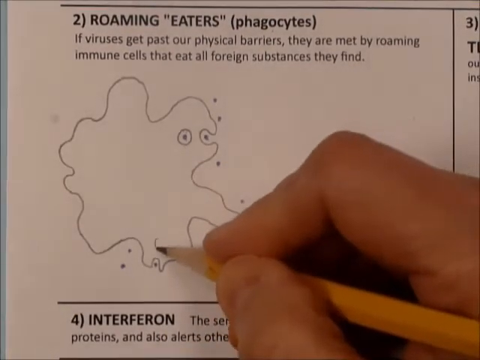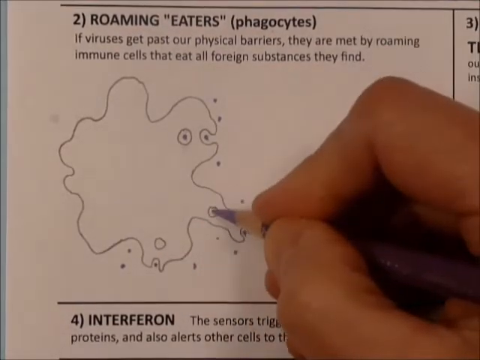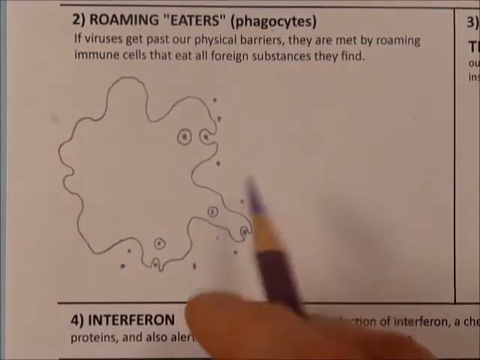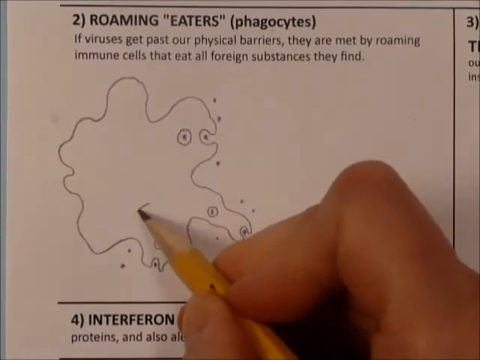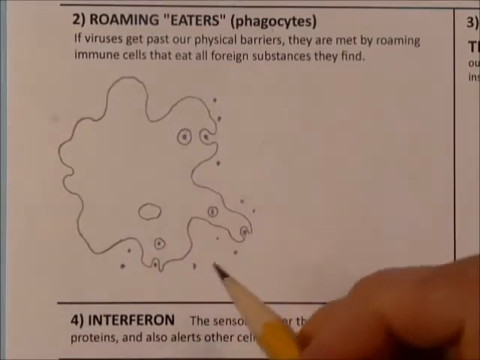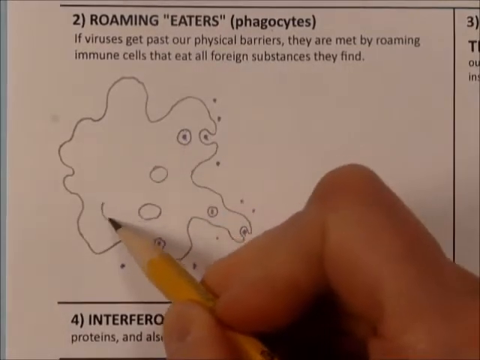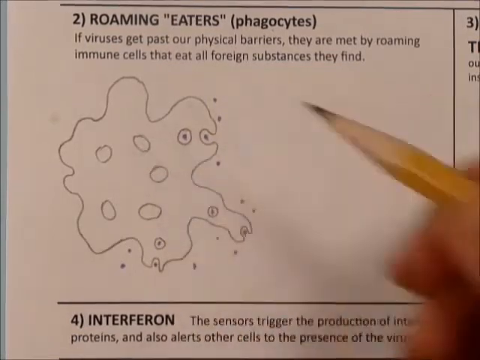I'll draw a few more inside endosomes. Now the endosome can go merge with another kind of a bigger endosome. The macrophage has lots of big endosomes that are called lysosomes.